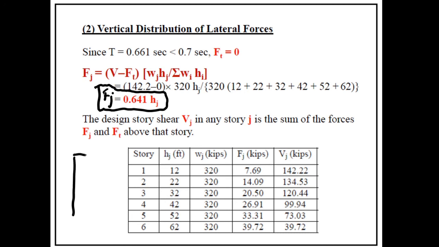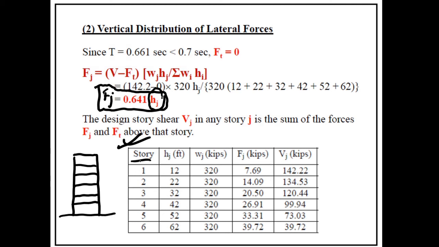So if you draw the stories, 1, 2, 3, 4, 5 and 6, multiplying with the heights of each story, the total height of each story, we will get the value of Fj. So we are creating a table here, making 5 columns in total.